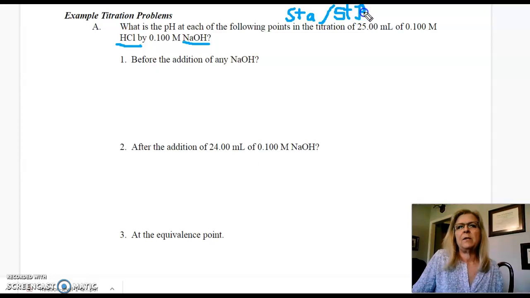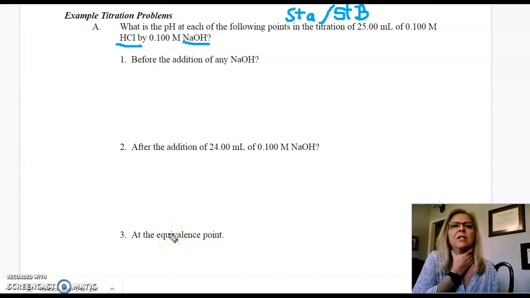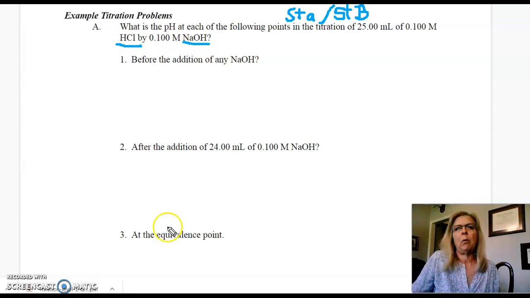So this is our situation of a strong acid with a strong base. We're looking at what the pH is at each of the following points in the titration of 25 milliliters of 0.100 molar HCl being titrated by 0.100 molar NaOH. The thing that we want to know each time is what is the pH of that solution.